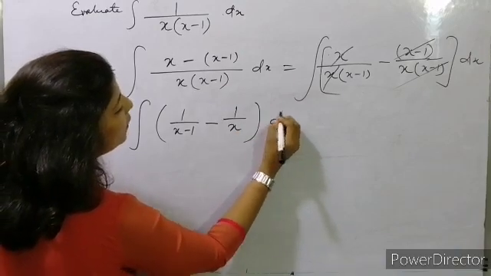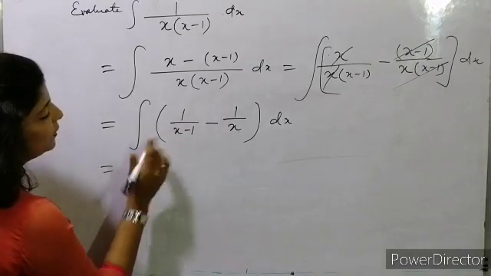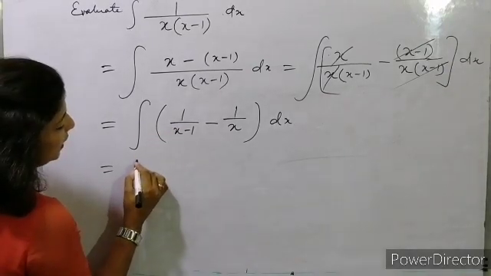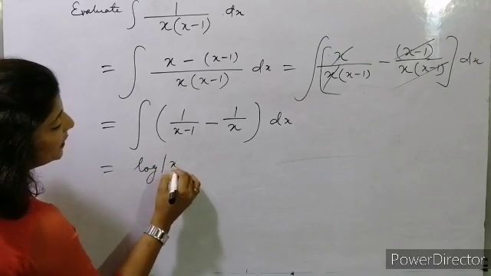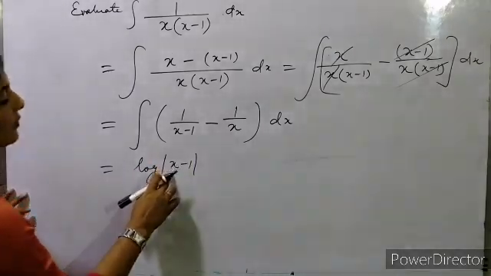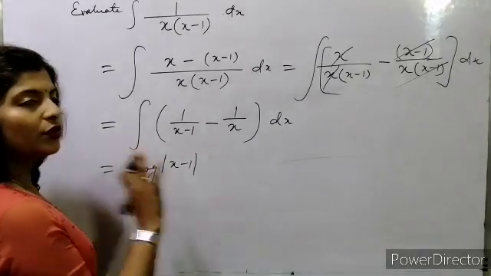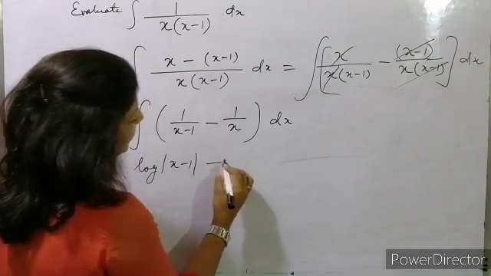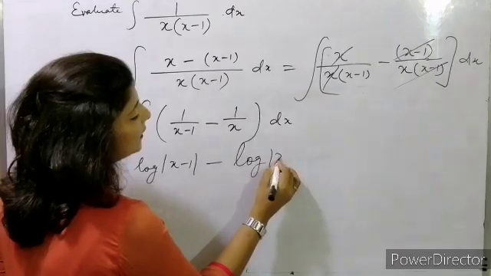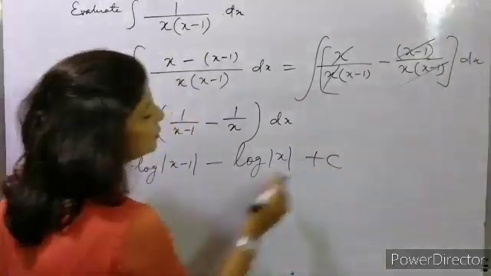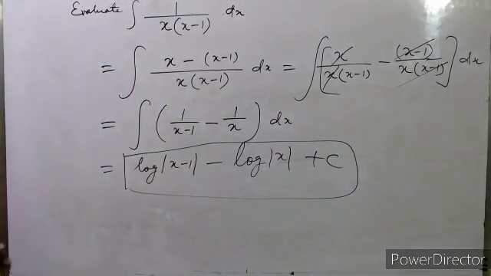Now we can apply the log formula. Integrating the first term we get log of x minus 1, with 1 divided by 1 so no change, and for 1 upon x we get log of x, plus c. So this will be the integral of the given function with respect to x.